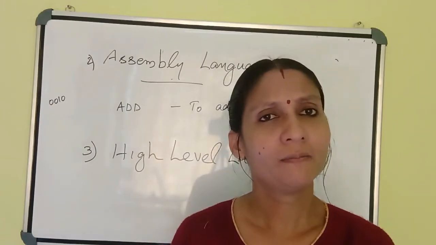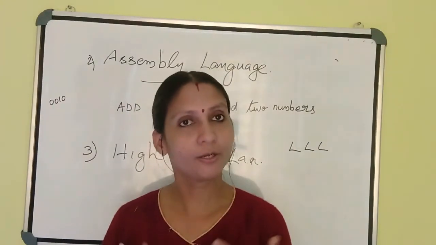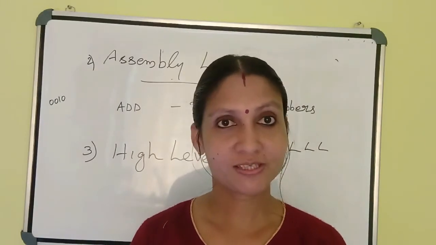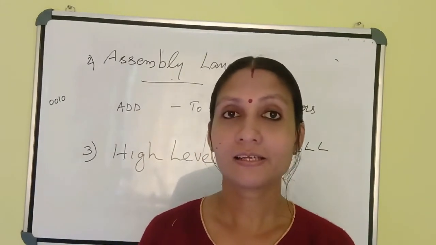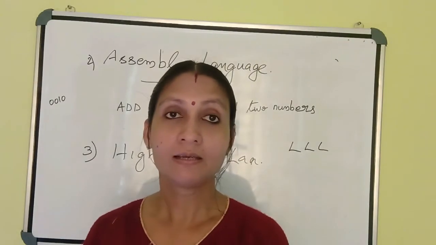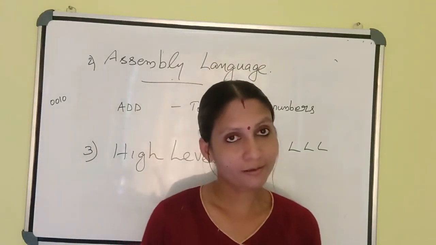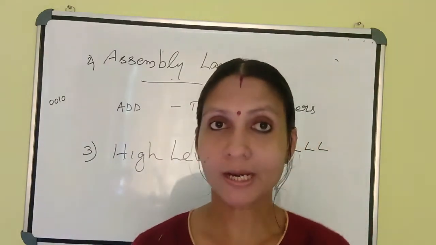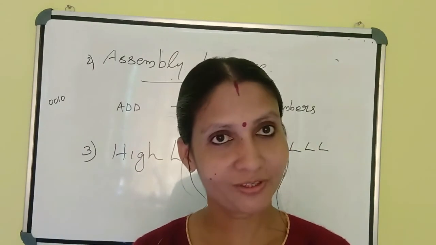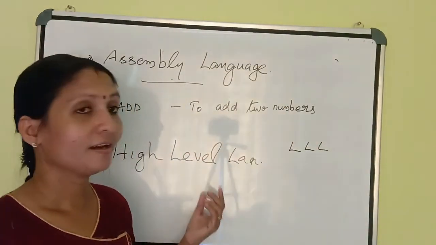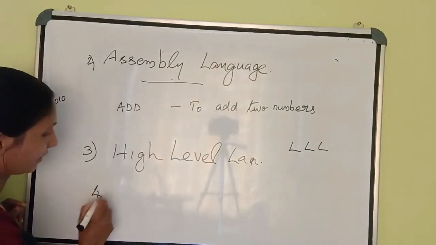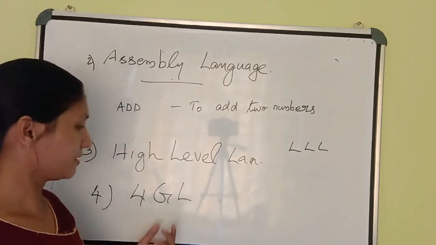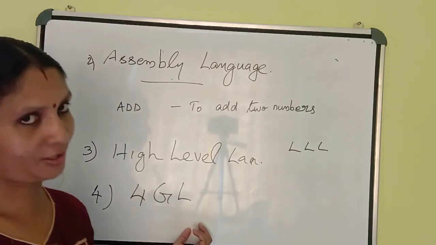If you give some message, what you want, you can just say it and the computer will give the result to you. That means we are using instructions related to our language. We can use our language to communicate with a computer. That's the main point of a fourth generation language. Shortly we write 4GL. This is called a fourth generation language.